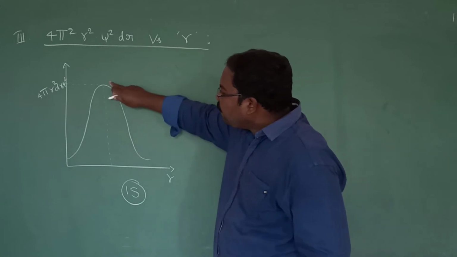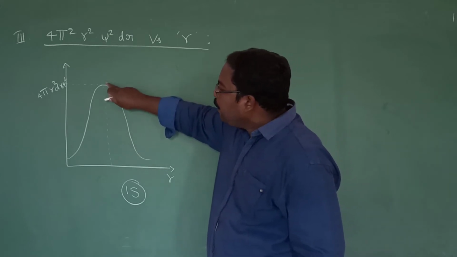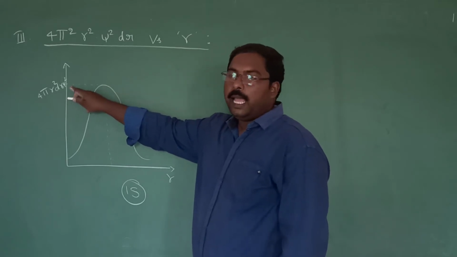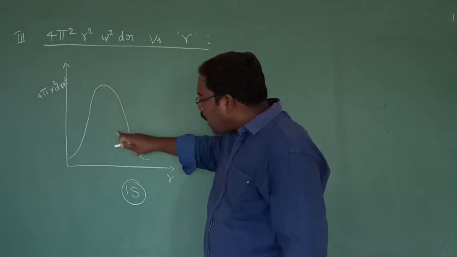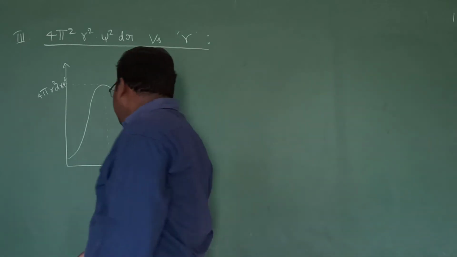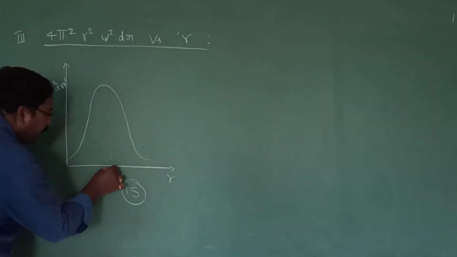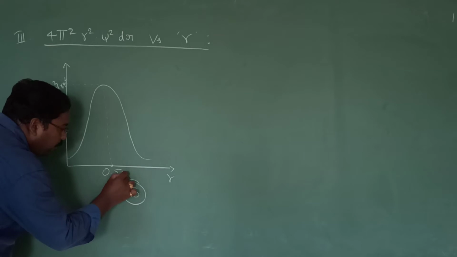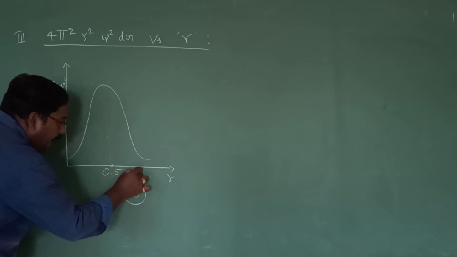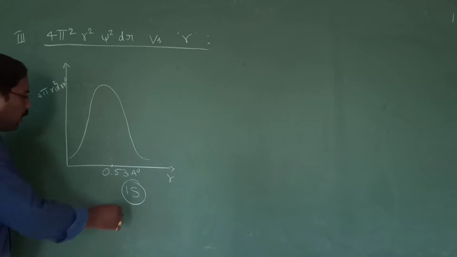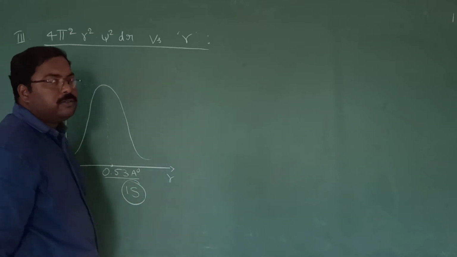So the peak of this curve represents where the probability of finding the electron is maximum. The corresponding r value for the 1s orbital, if we measure, at this point the value is 0.53 angstroms.